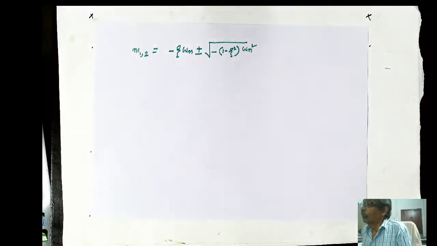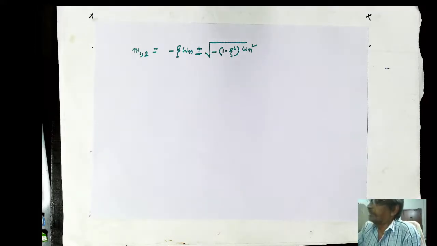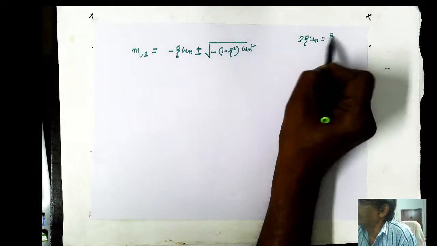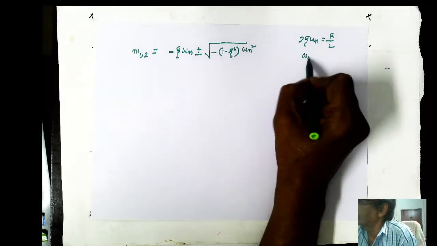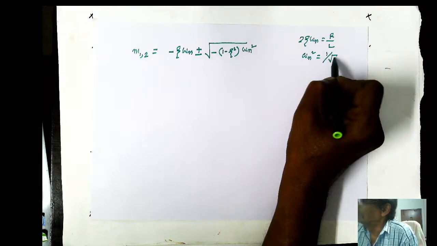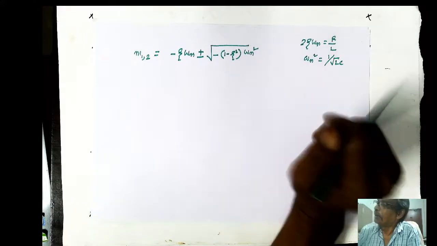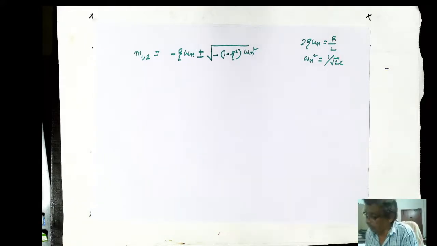Okay, so this zeta, we already know what zeta is. Zeta was defined such that, remember, 2 zeta omega n is equal to R by L, and omega n square is equal to 1 by LC. So zeta and omega n depend upon the circuit parameter values, and depending upon these values, the value of zeta will change.